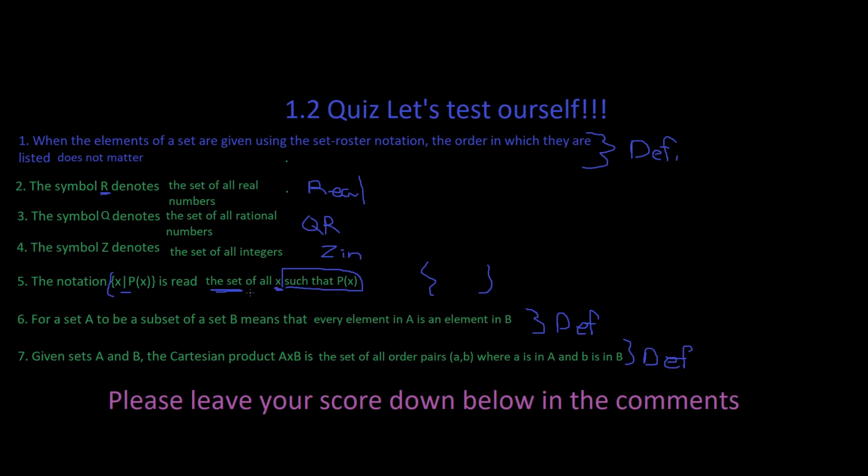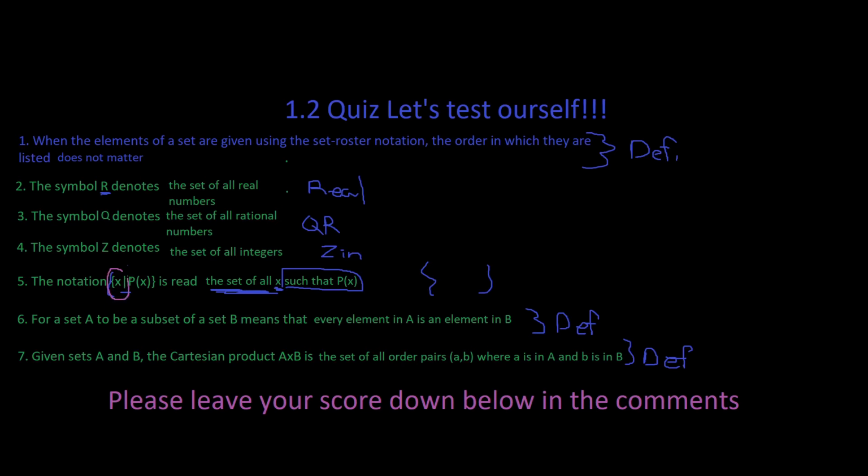And if it doesn't give you any specific numbers or anything, you know it's going to be for everything. So the set of all x. So we could break that down into 2 sections, and to remember it. So I'm going to use a different color.